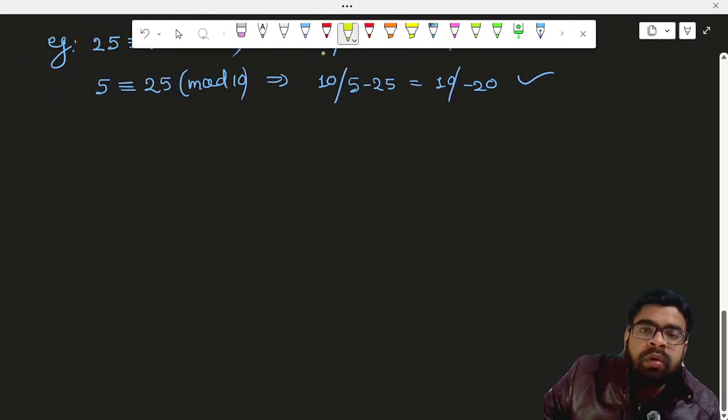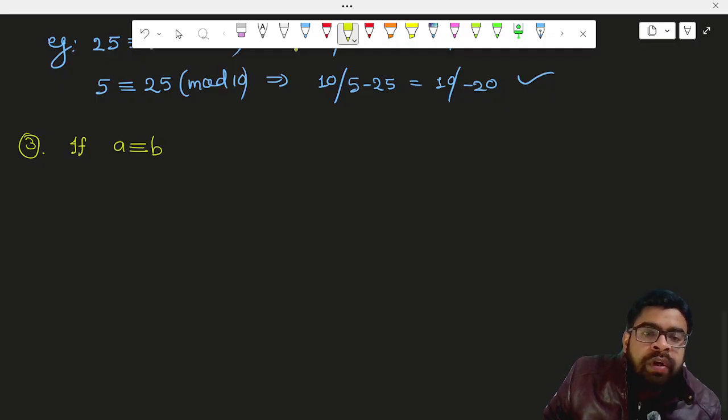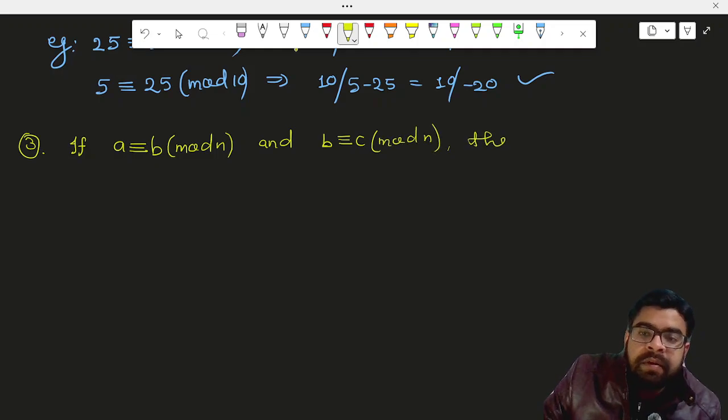Now the third property is transitivity. Write down this property: if a congruent b modulo n and b congruent c modulo n, then a congruent c modulo n.